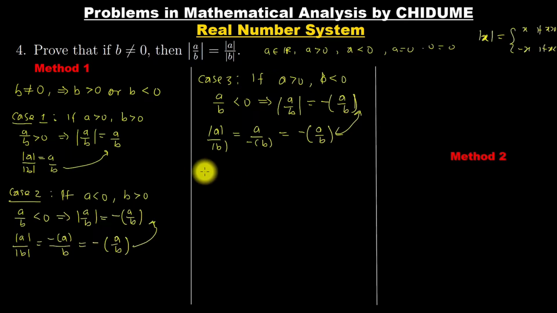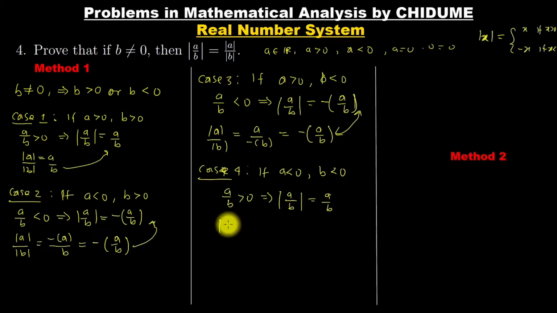Then for the fourth case, that's case 4, I'll consider when a is negative and b is also negative. If a is negative and b is also negative, definitely a over b is going to be positive, which implies that the absolute value of a over b is going to be a over b.